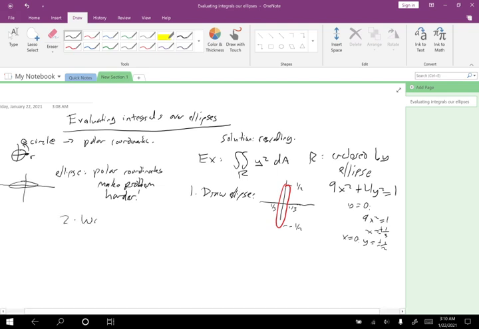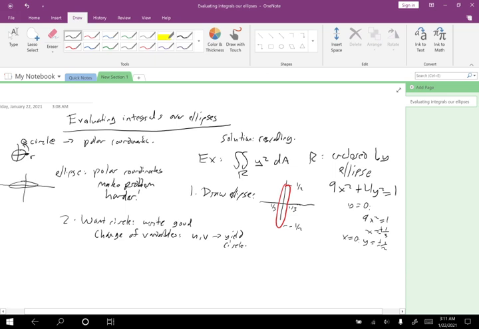So we want a circle, so we're going to write a good change of variables such that u and v yield a circle. So here's one way that you can do it.